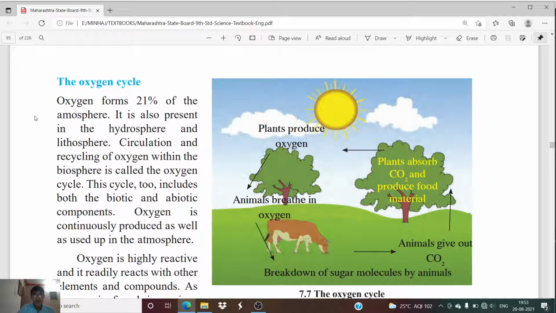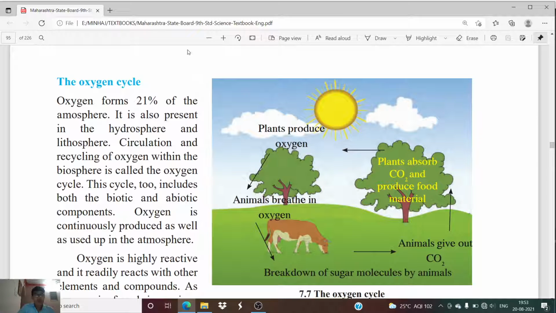Every living organism requires oxygen for its survival. We cannot live without oxygen. We inhale oxygen, and this oxygen is utilized by our cells for performing certain reactions and generating energy in our body. Oxygen forms 21% of the atmosphere.